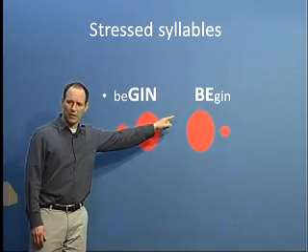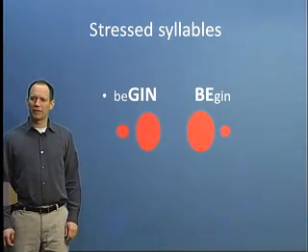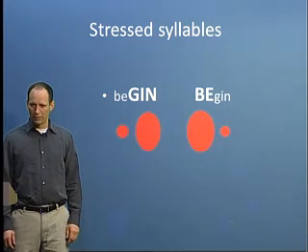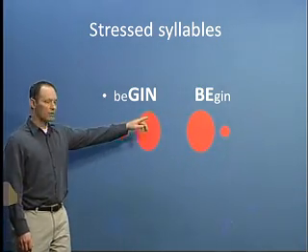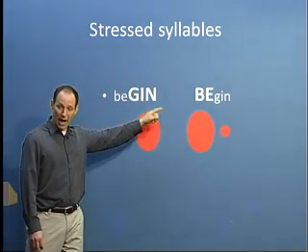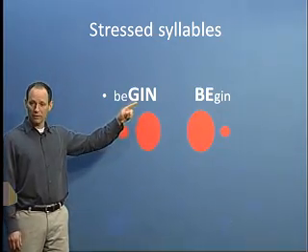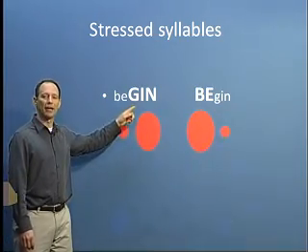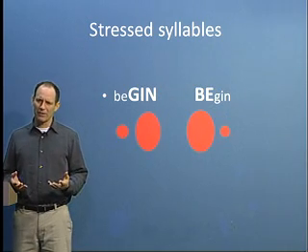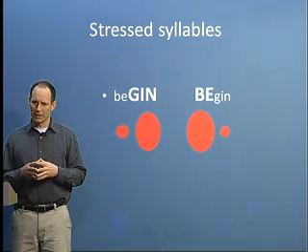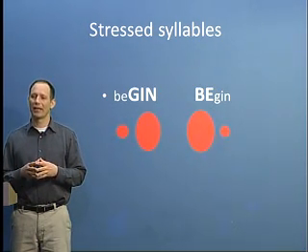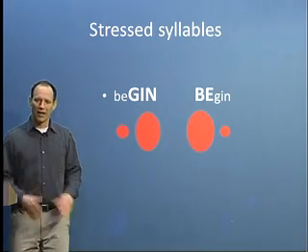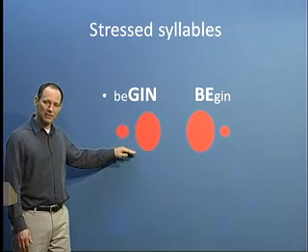Let's try it the other way. And we'll say begin. I'll change the second syllable, the vowel, the I, to uh. Which one sounds better? Begin. Begin. I think this one sounds better. So this is the stress pattern.